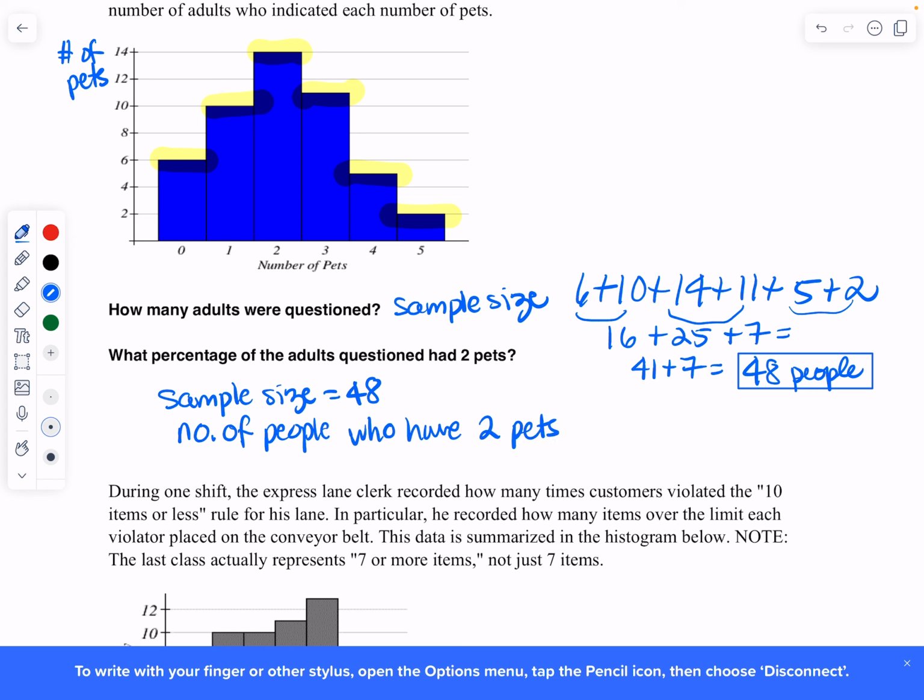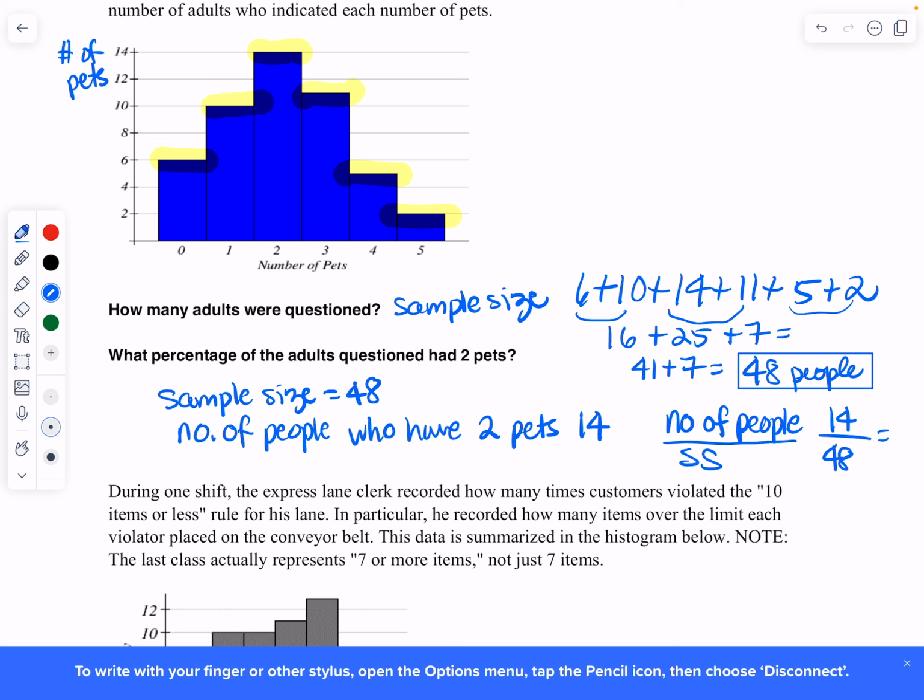The number of people that have 2 pets is 14. And we're going to divide those two numbers. So it's going to be number of people that own 2 pets, which is 14, over the sample size. And the sample size is 48.